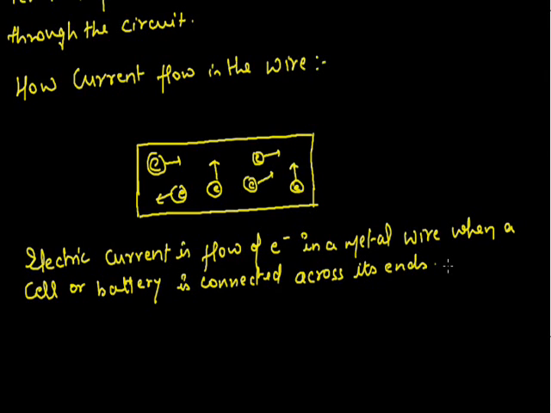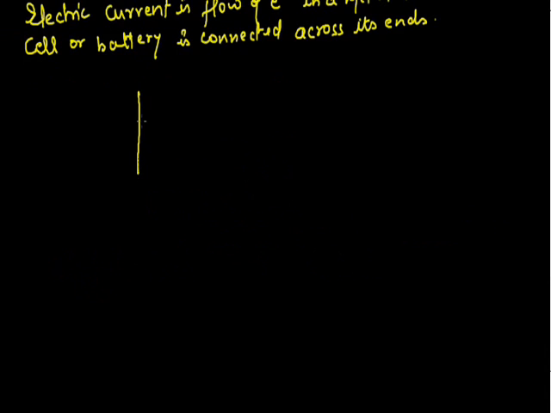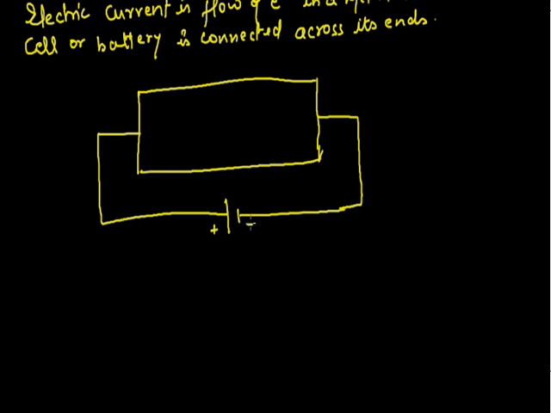When a metal wire is not connected to a source of electricity, the electrons move at random in all directions between the atoms of the metal wire, as shown below. Now if we take a metal wire and connect it to a source with positive and negative terminals, the movement of the electrons is no longer random in all directions.